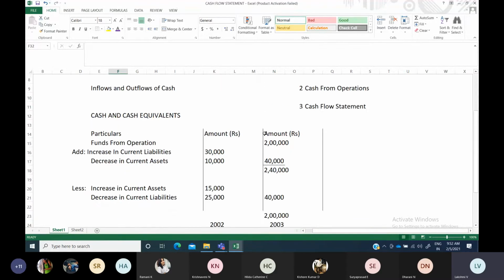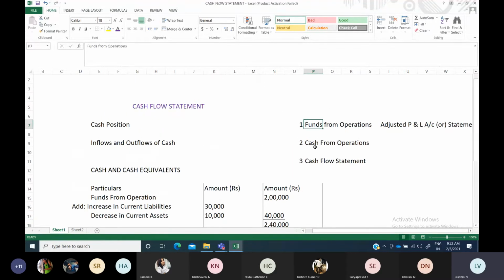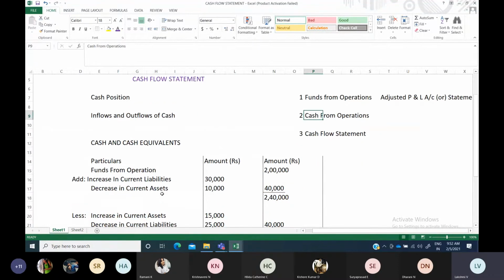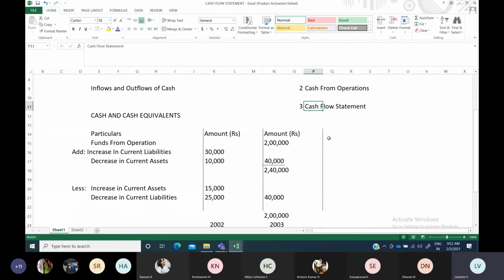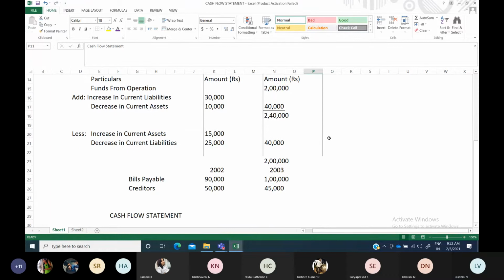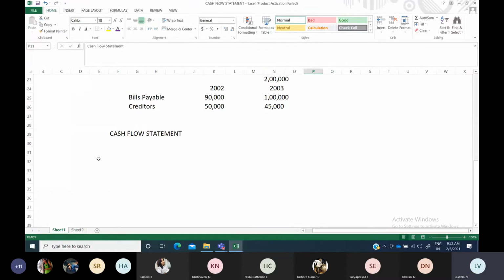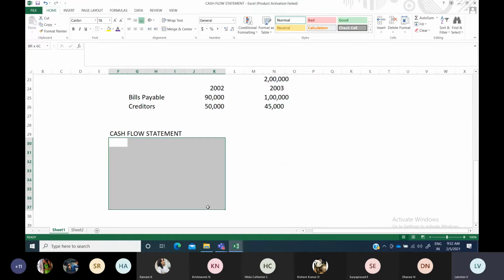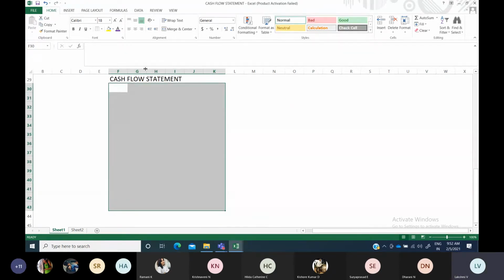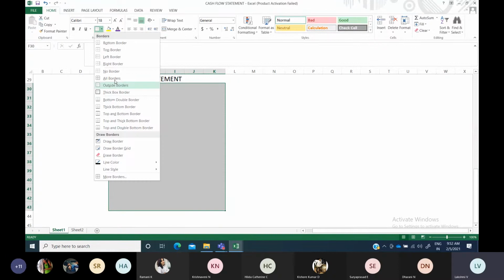Again, it is a statement format for which you will use only the single side of your accounts note. Okay, so the first column will be your particulars column, and the second column will be your amount column, and the third column will be your amount column.